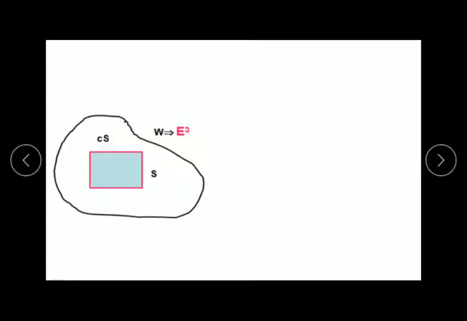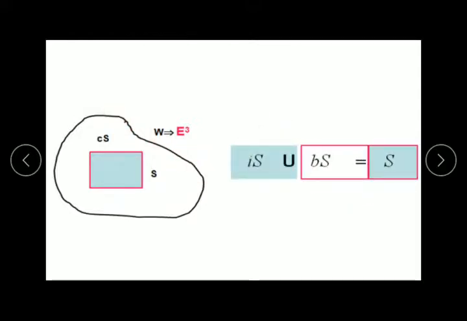Then our complete solid is the combination of interior plus boundary points, which are embedded in the complementary set. That's why the equation is IS union BS is the total solid. Hence our solid should lie in a space, and has some boundary and some interior points. In this way we can represent the solid.